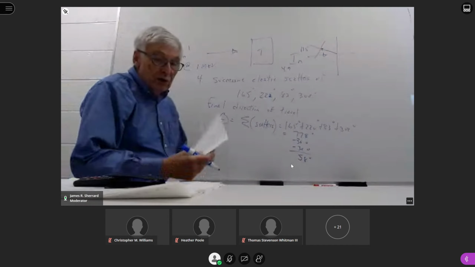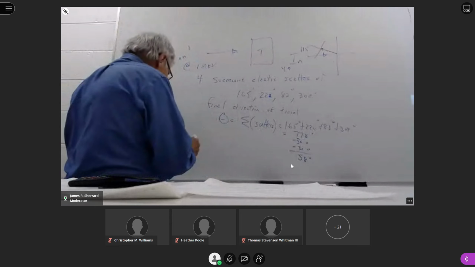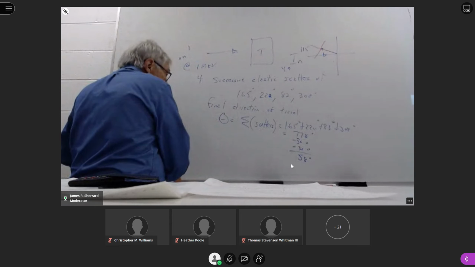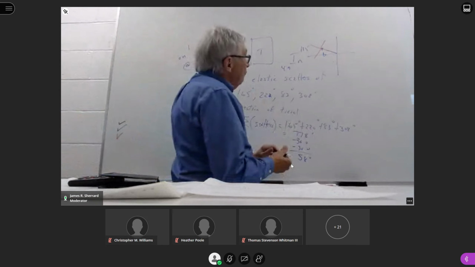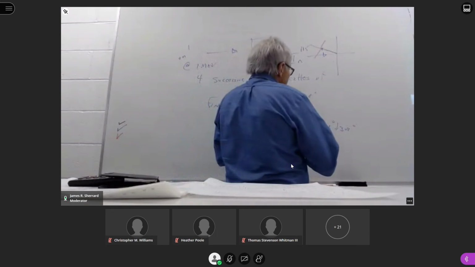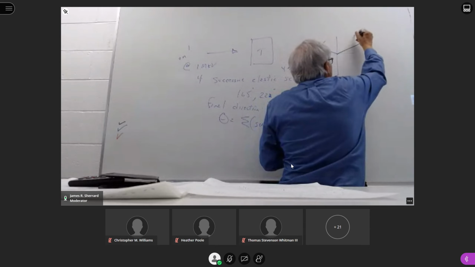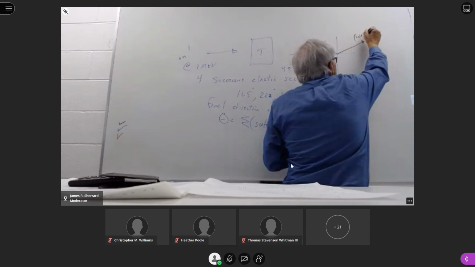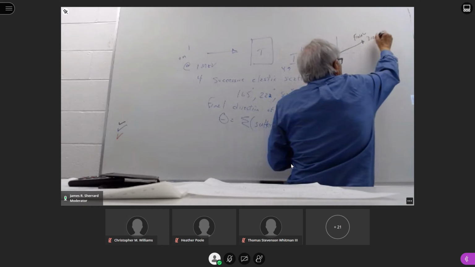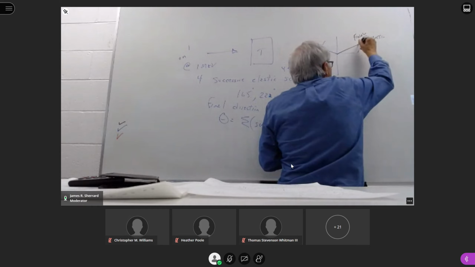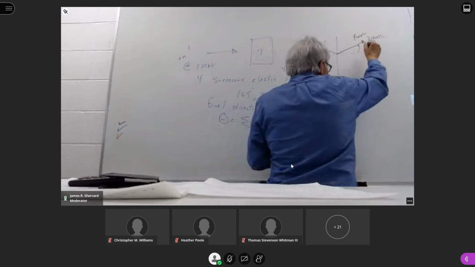So compared to the initial travel coming in, after it undergoes all 4 elastic scatters, this is my final direction, where that angle is 58 degrees.